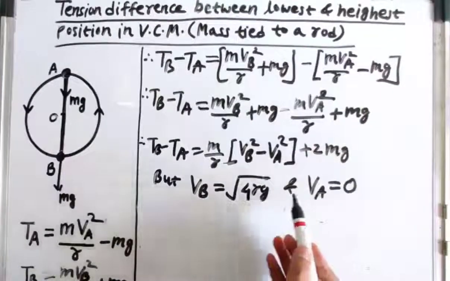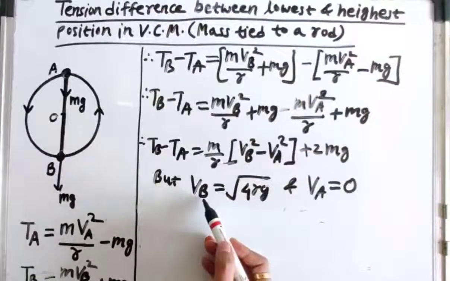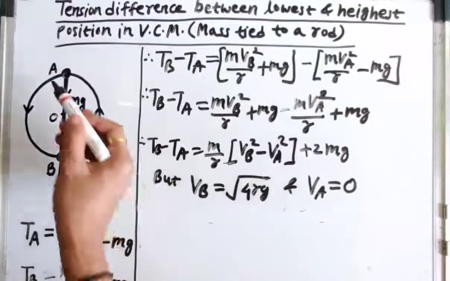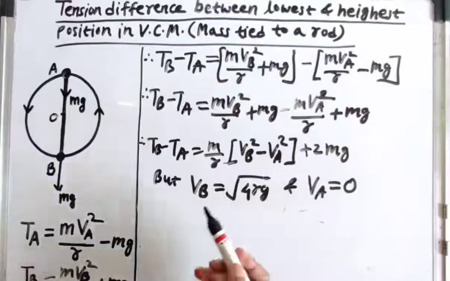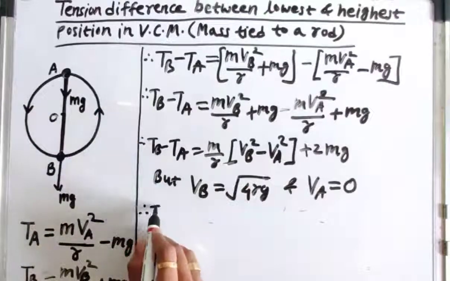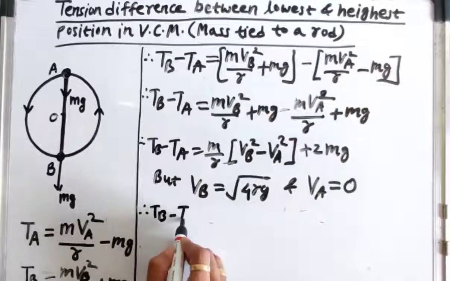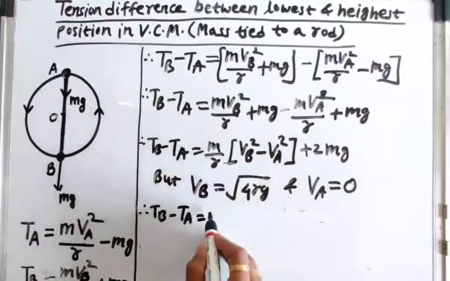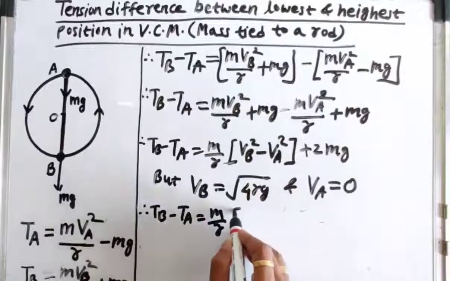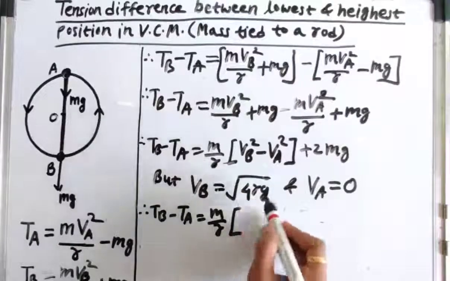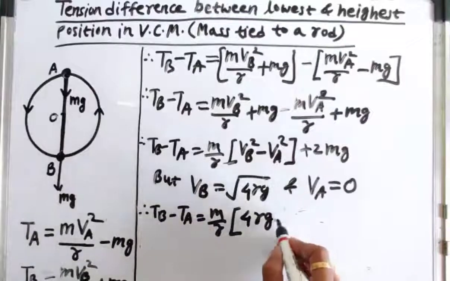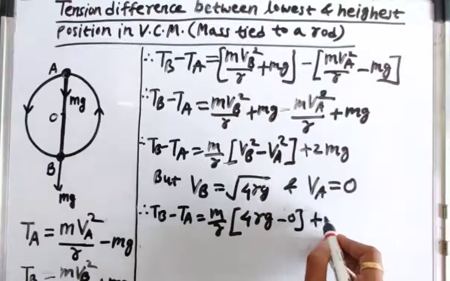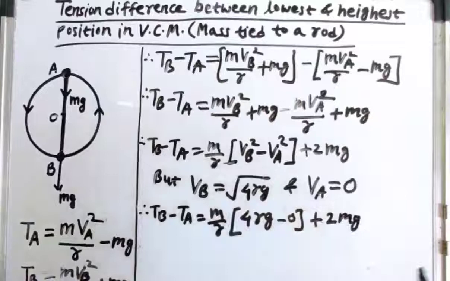Now we substitute these two values of vB, the velocity at the lowest position, and vA, the velocity at the highest position, in case of a mass attached to a rod, in the above equation. Therefore, TB minus TA is equal to m by r into bracket vB square, that is 4rg, minus 0, plus 2mg.